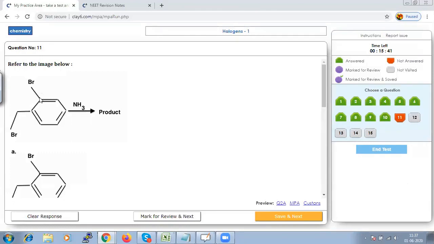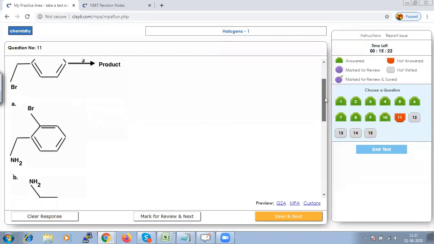When Br is attached at this position, you consider that it is a poor leaving group, and when the Br is attached at this position, we consider it a good leaving group. Hence from that we could say that option A is the correct product.